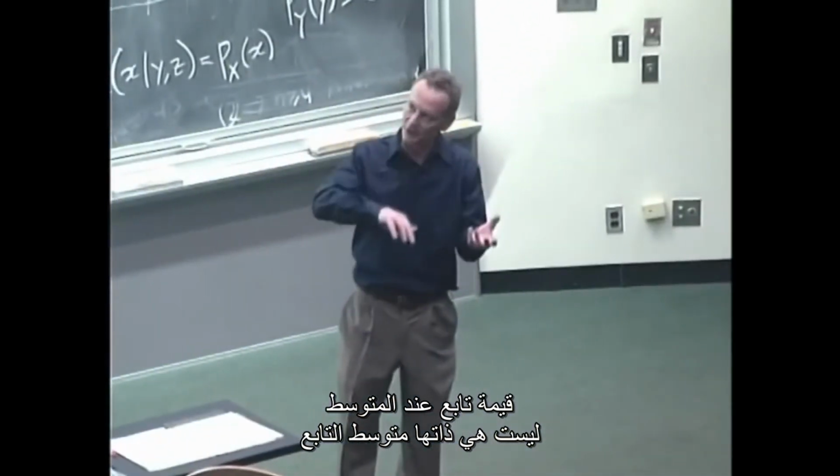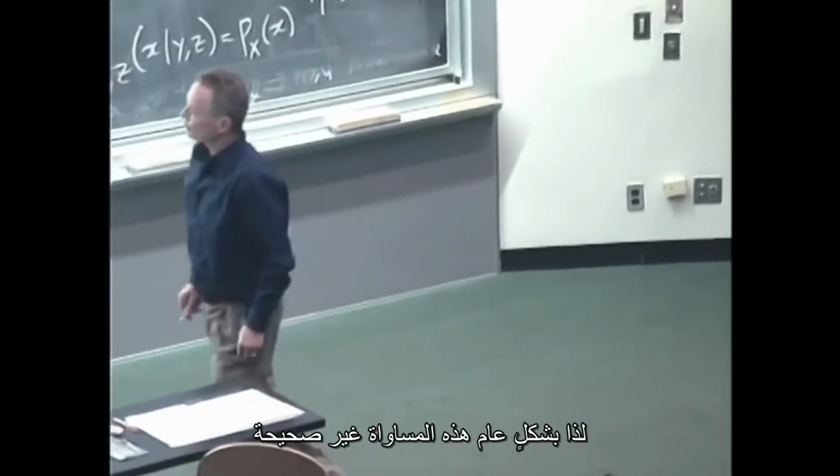Now, when we're talking about functions of random variables, in general, we cannot speak just about averages. That is, the expected value of a function of a random variable is not the same as the function of the expected values. A function of averages is not the same as the average of a function. So in general, this is not true. But what it's important to know is to know the exceptions to this rule.